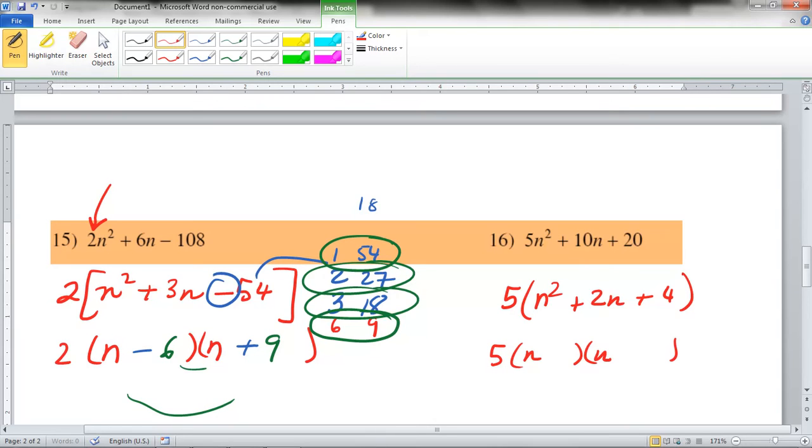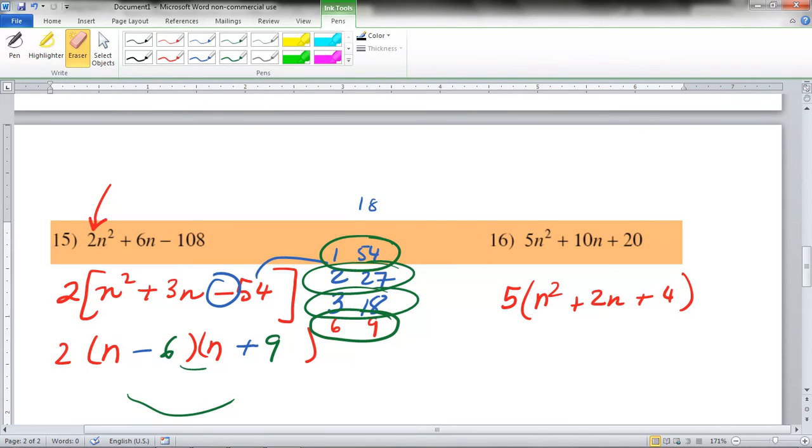So 1 and 4, that doesn't work. Well, okay, maybe 2 and 2. That'll give you add or subtract to give you 4. That doesn't work. So that's it. I don't think you can factor this one any further. Okay, so that's all you can factor here, I think.